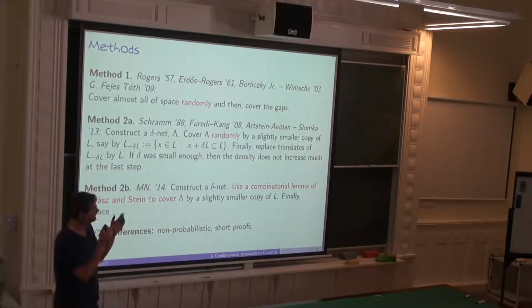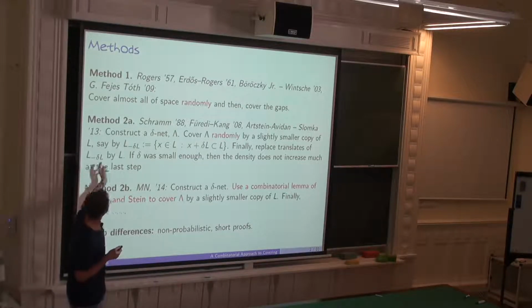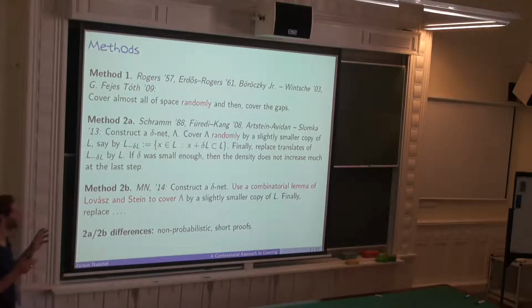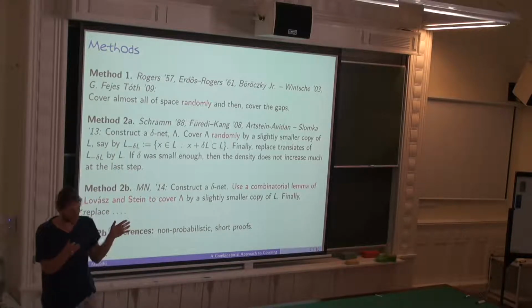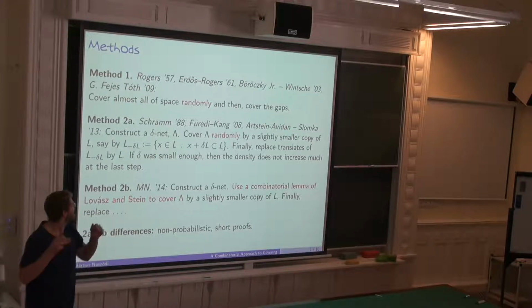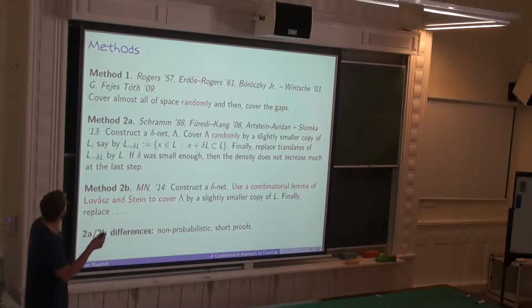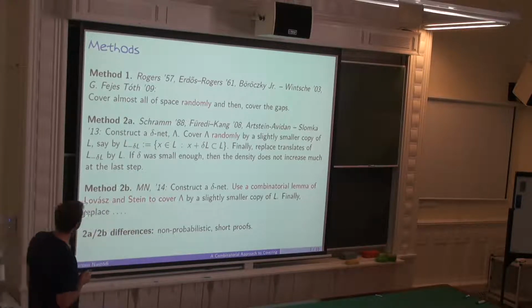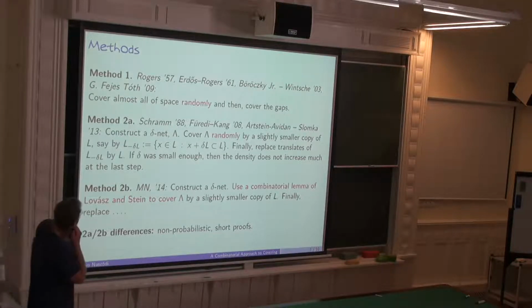Instead of covering the box, you cover this finite set, not by translates of L, but by translates of slightly shrunk copies of L. Then once you grow L back, replacing the shrunk copies with the original copies of L, you actually get a covering of the whole box.